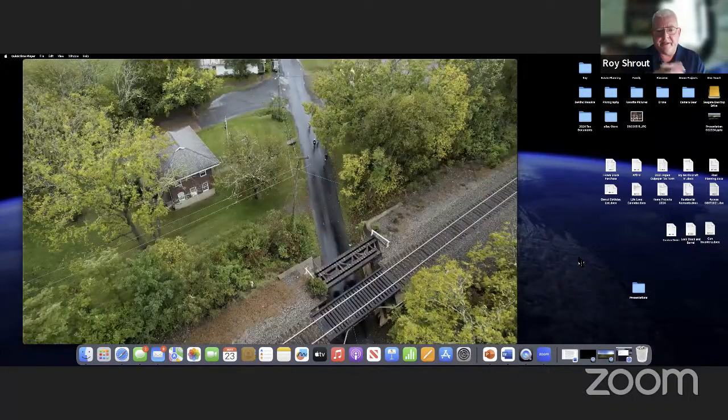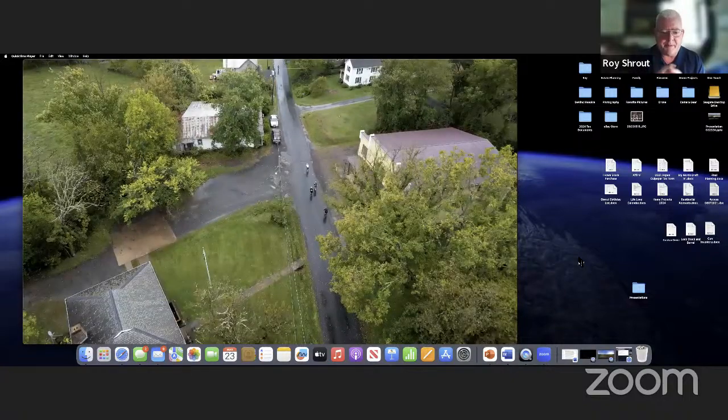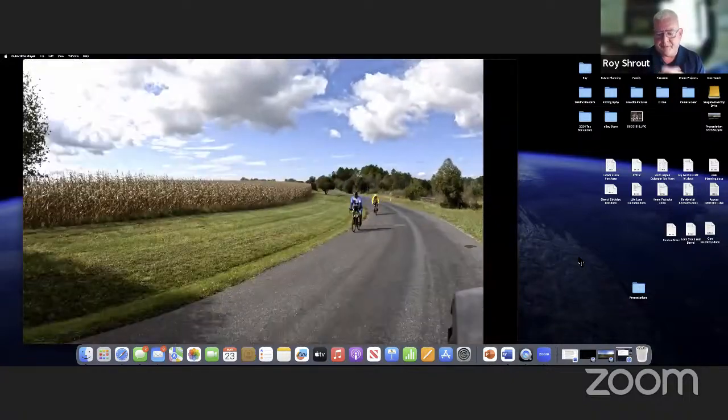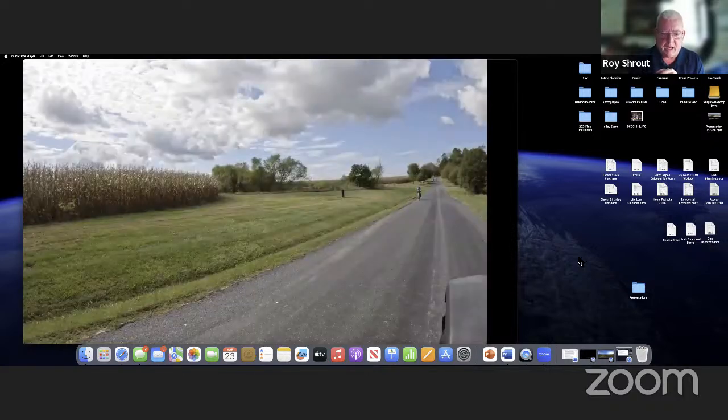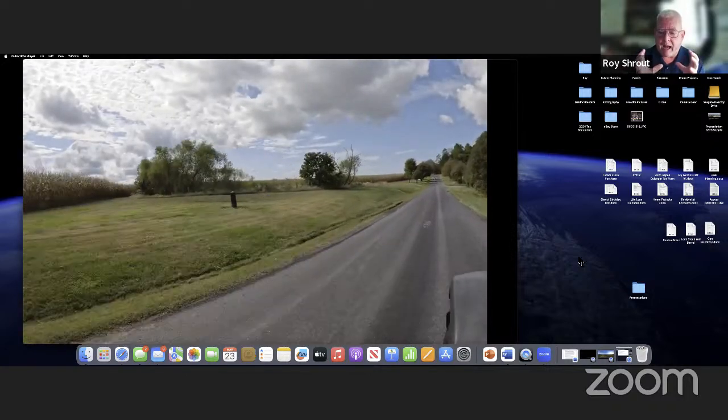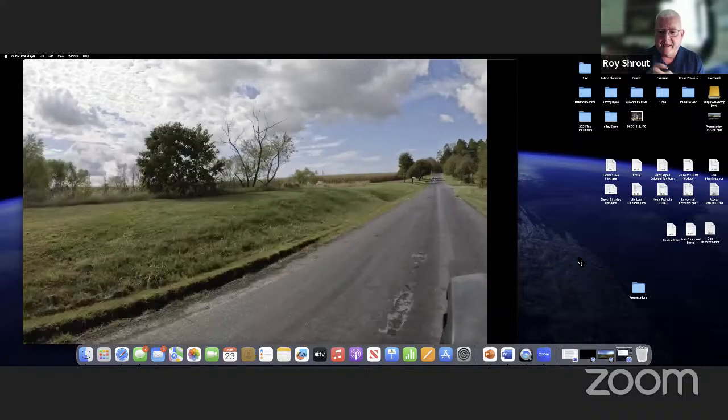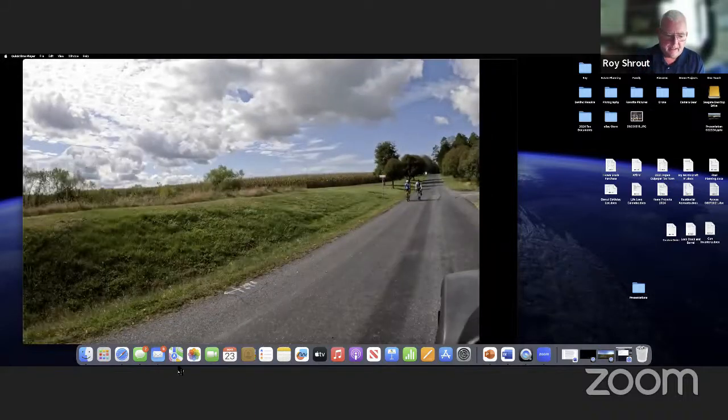And even with this, I could have set it up so I put a tracking mechanism on one of these riders. I'm just shooting it outside my window, but I've got another aerial shot coming up in a second. Anyway, you could set it up where I can highlight a person on my drone screen. It will track that person the entire trip.